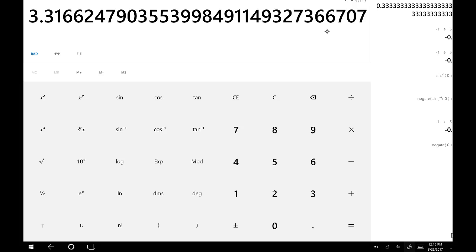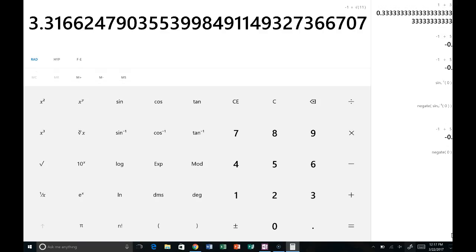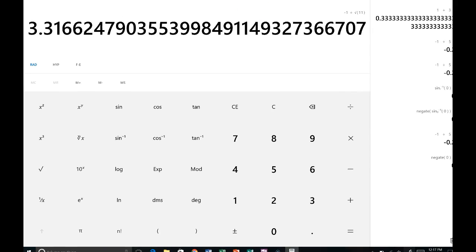Let's double check to make sure it worked. Can you see at the very top I have the calculator input? See right here? That's 1 divided by square root 11. Perfect. So now I'm going to do tangent inverse of that.